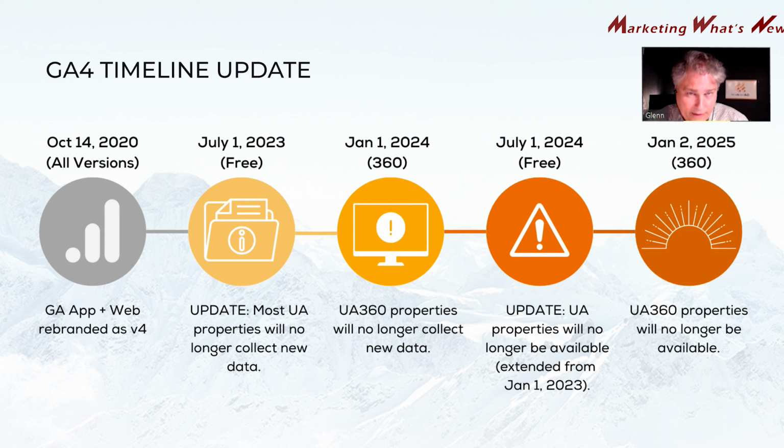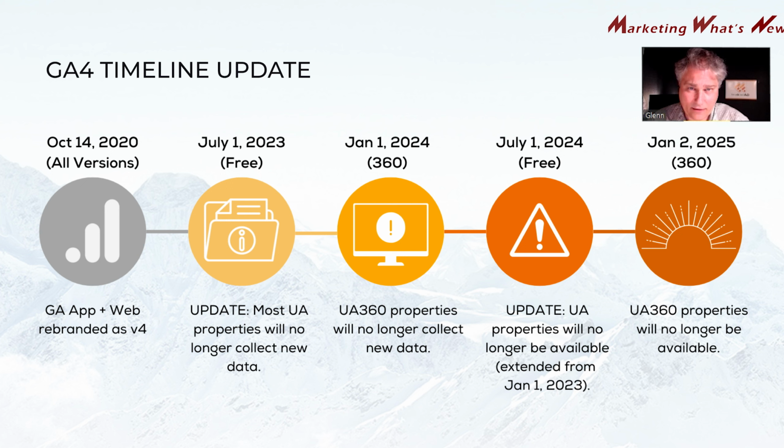with the previous version, which you might think of as version 3, but is commonly known as Universal Analytics. Universal Analytics is continuing, but we're going to hit a road bump at the end of this month, June 30th, 2023, because on July the 1st, Universal Analytics will no longer be collecting data on websites.